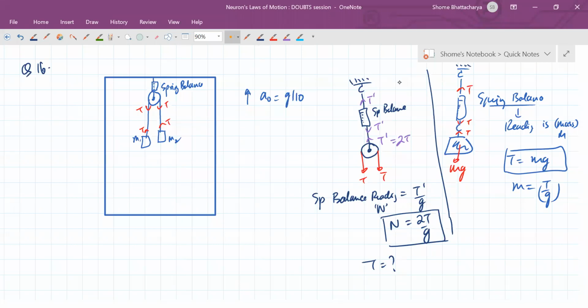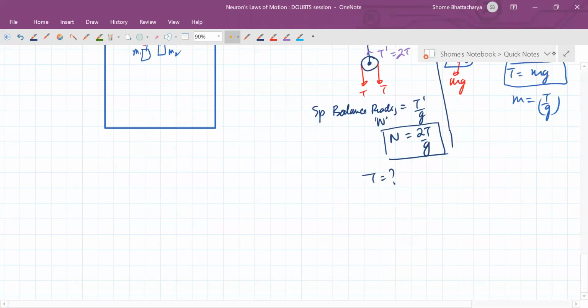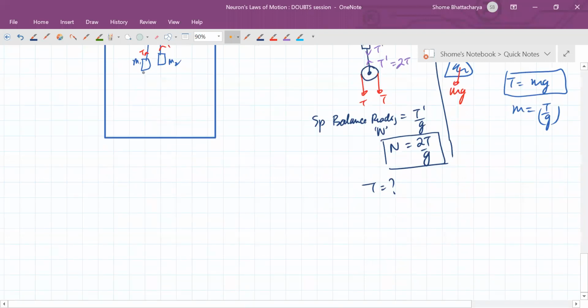Okay. So Dhruv, you are also clear with this? Now how do we find the tension? The easiest way to find tension is to solve the free body diagram of M1 and M2 in the non-inertial frame. M1 is given as 1.5 kg. M2 is given as 3.0 kg.